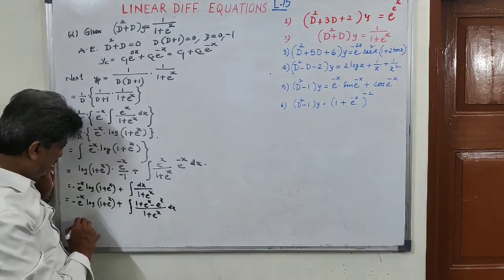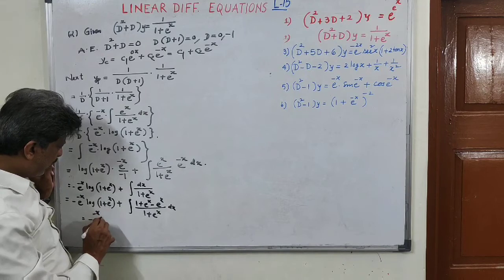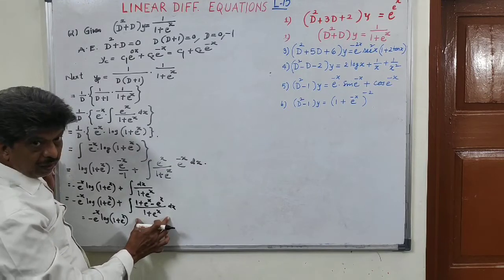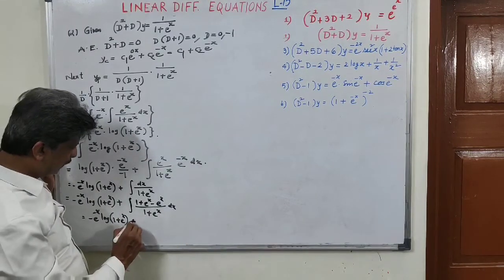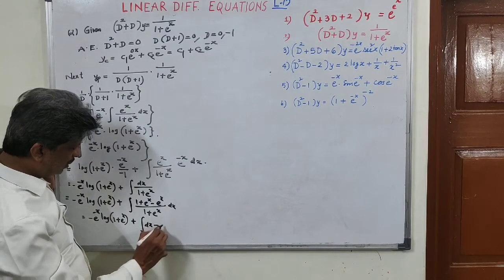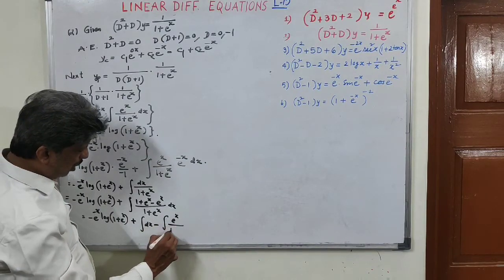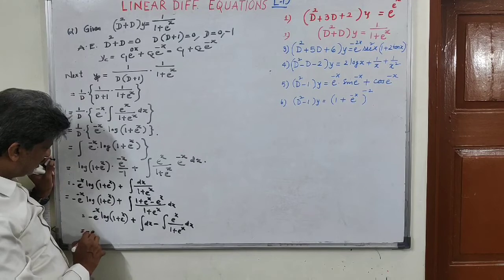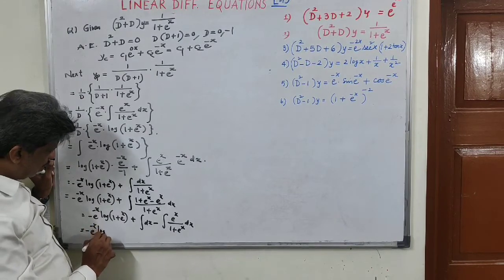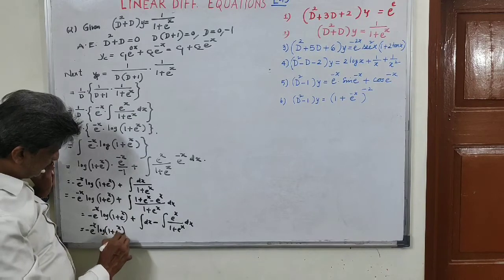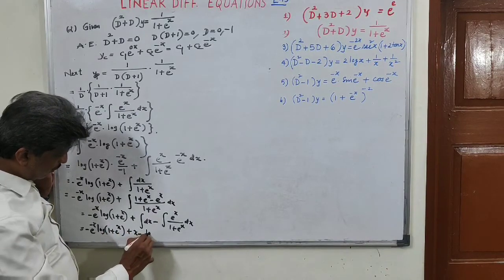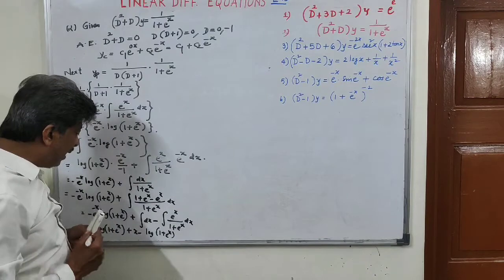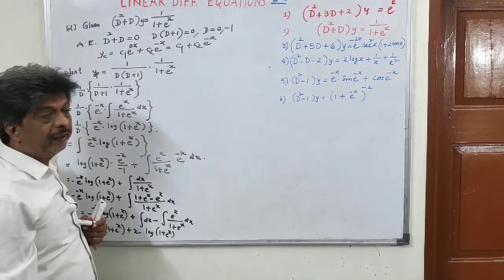So that splits into minus e raised to power minus x log of 1 plus e power x, and this splits into two different integrals, plus integral dx minus integral e raised to power x upon 1 plus e raised to power x dx. That is further equal to minus e raised to power minus x log of 1 plus e power x plus x minus log of 1 plus e power x. So that is the final value of the particular integral.